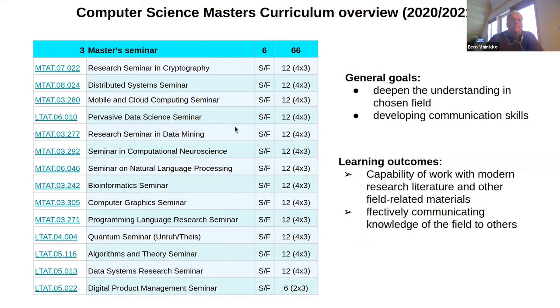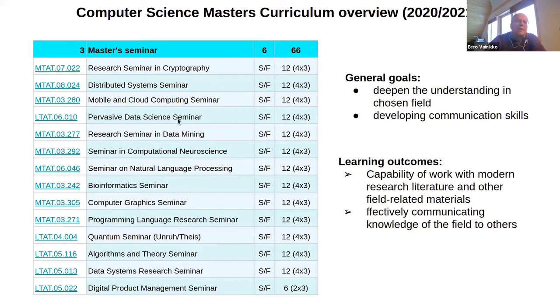Then the third module is actually master seminar. There are quite a few research groups at our institute, and these seminar courses usually run by 3 credits per semester, and there are 4 different semesters for each of those courses, so that you can actually take twice the same seminar if you want.